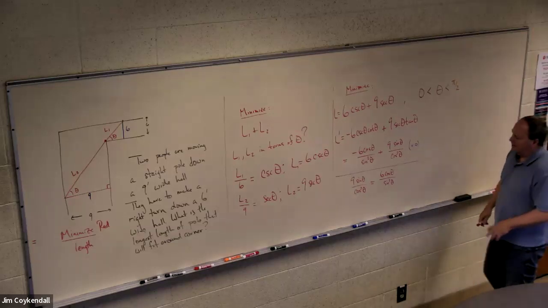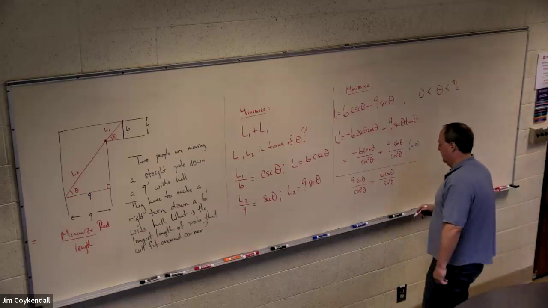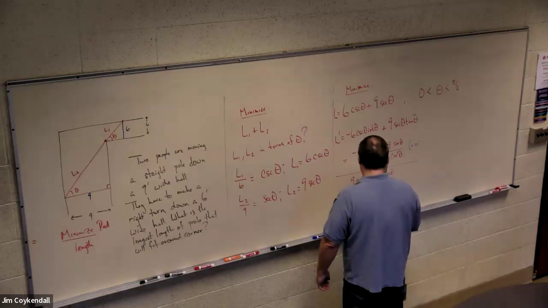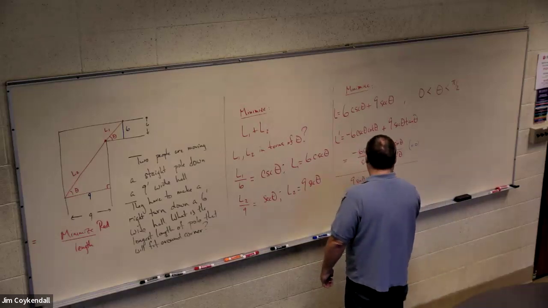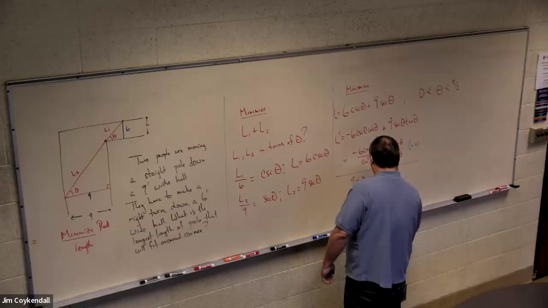So let's see. Gosh, what a mess this is. But here's what I'm going to do. I'm going to manipulate this a little bit. I'm going to take cosine over here, and sine squared, so 9 sine cubed theta over cosine cubed theta is equal to 6.